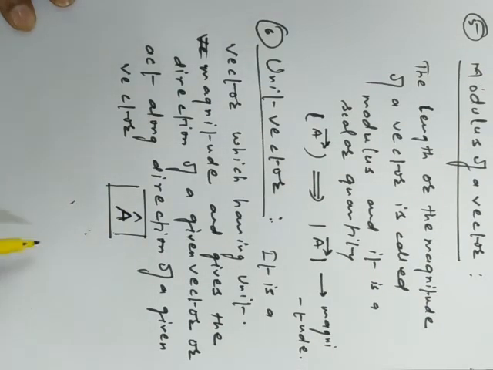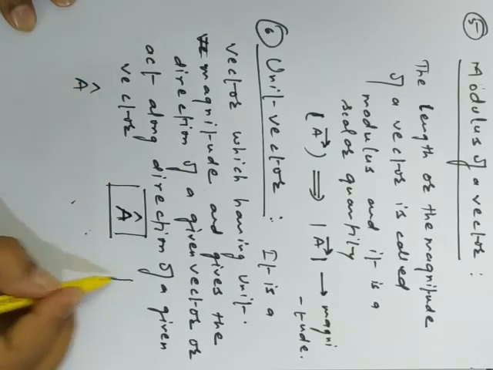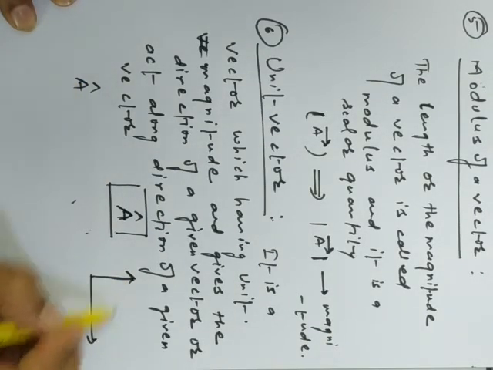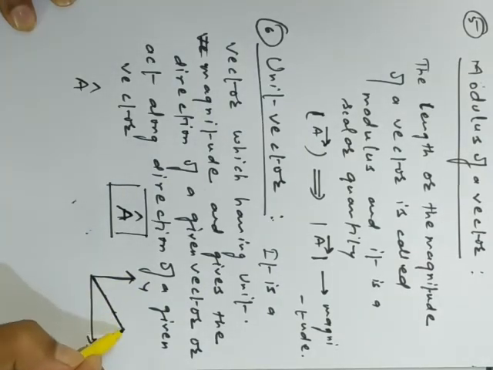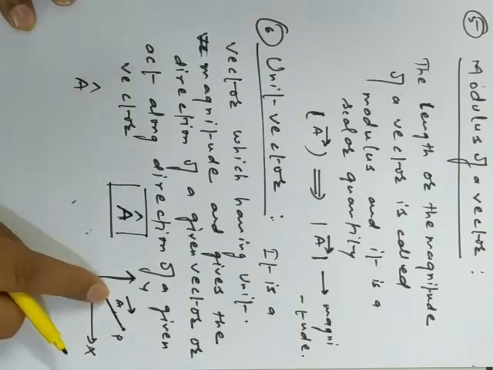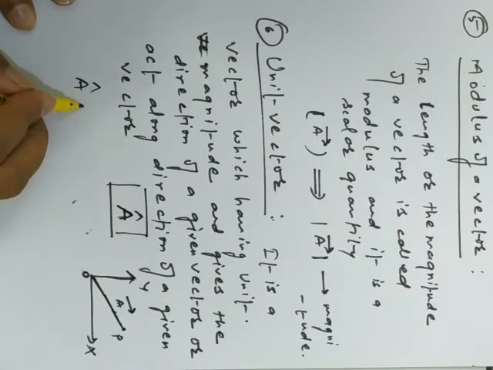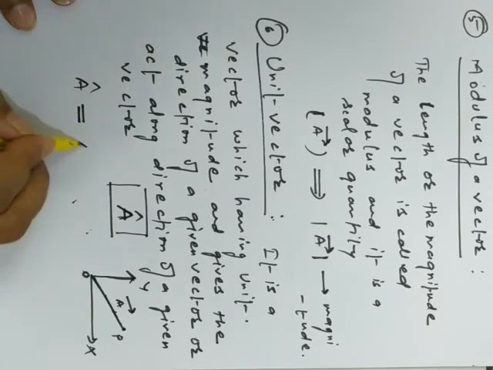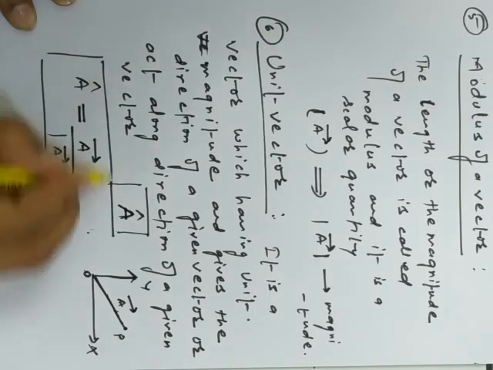And how do we mathematically represent a unit vector? Suppose we have a vector in a plane, x and y, and suppose we get a vector from the origin to point P, and we represent the vector as a. What will be the unit vector of the given vector? The unit vector of a is the vector itself divided by its modulus, so it gives the unit vector.